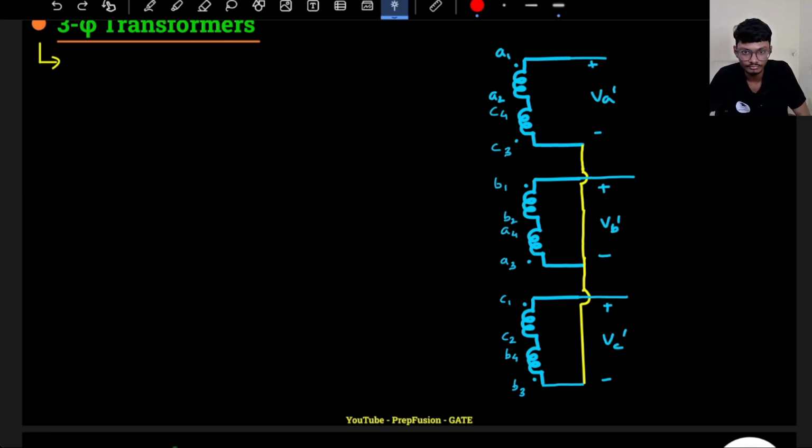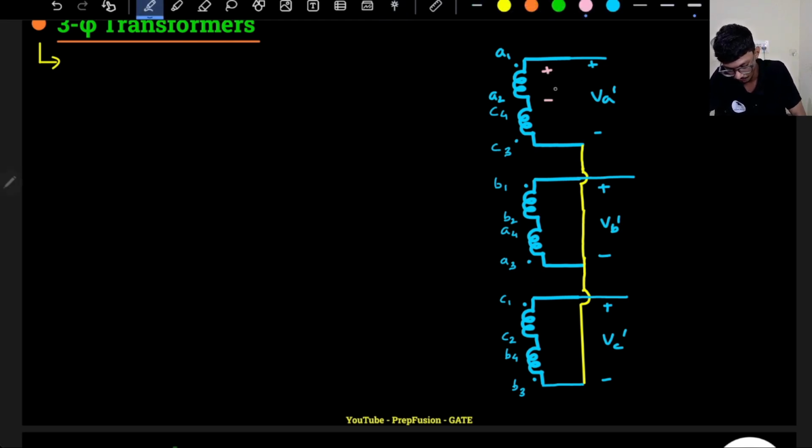Now what I can say is this will be plus minus Va by 2. This is plus, right? Dot is with plus. So this will be plus minus Vc by 2. Again, this will be plus minus Vb by 2.